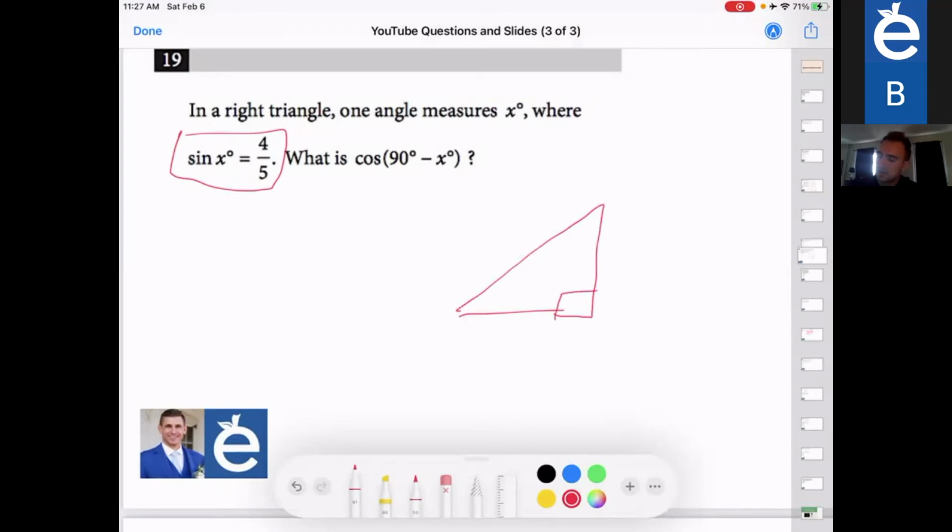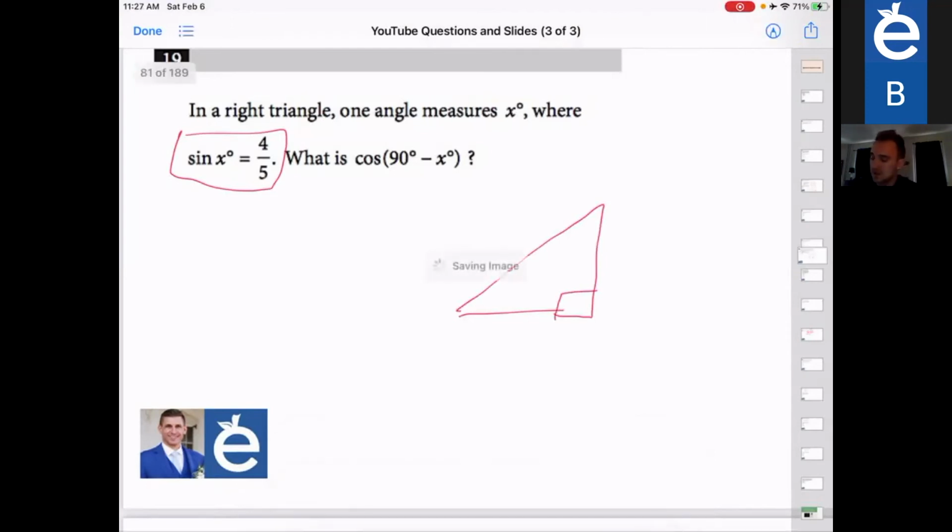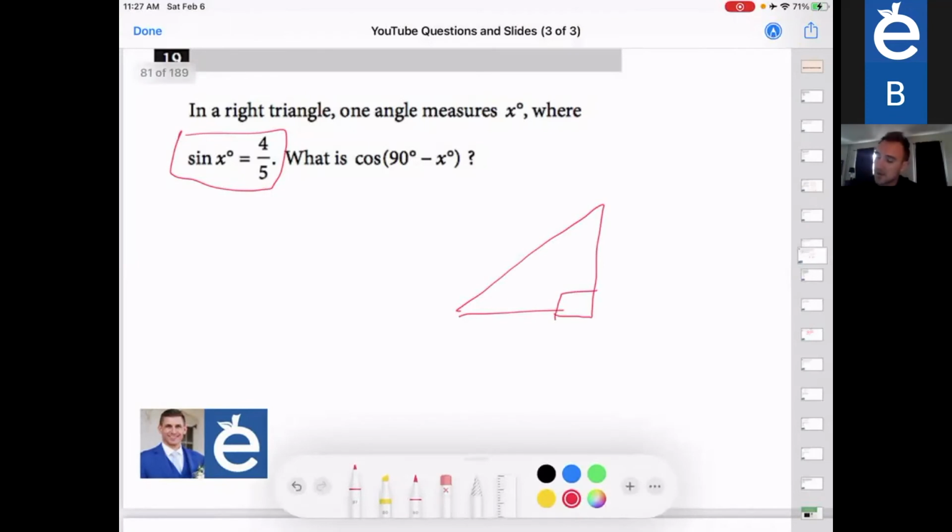So let's sketch out what we have here. It doesn't matter, I can call either of these angles, obviously not my 90-degree angle, x. I'm going to call this angle x. And they tell me that the sine of angle x is equal to 4/5. Remember, sine is equal to opposite over hypotenuse.